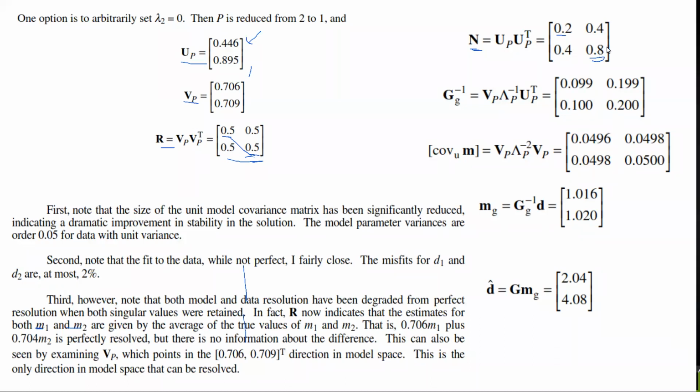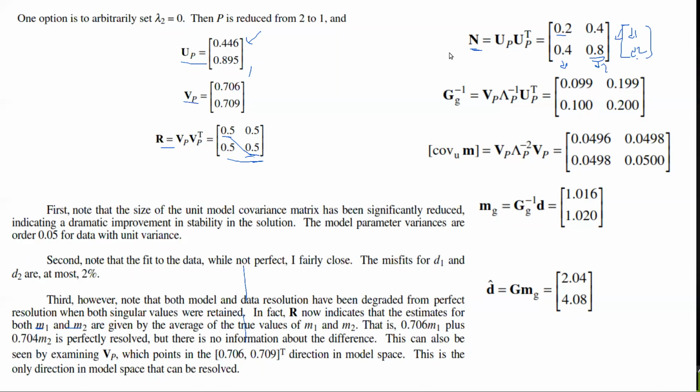Remember, it was some combination of the data. So it means that the second data is the most important, because D1, D2 is a linear combination: D1 will take this column, D2 will take this column.